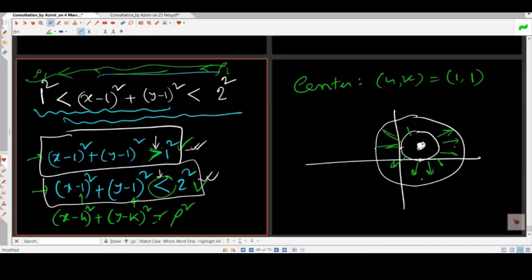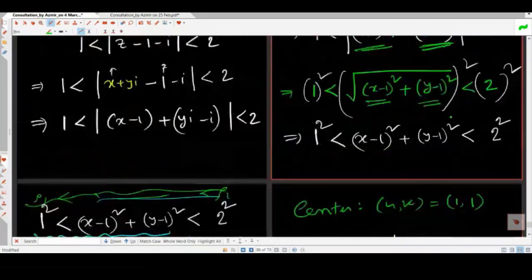For the second case, we have less than 2. This circumference is for radius 2. For less than, we have the interior region. So by combining these two things, we have the interior part, but not the boundaries.